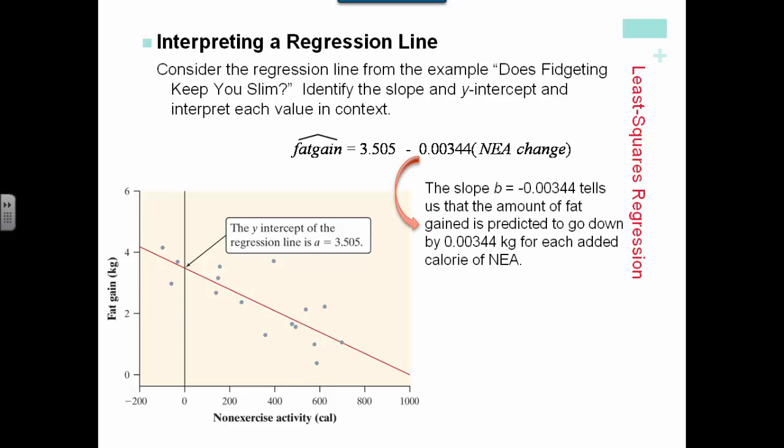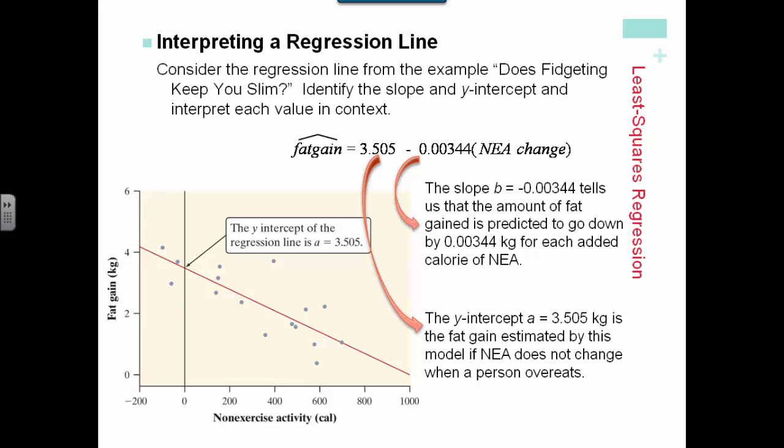Our slope tells us the amount of fat gained is predicted to go down for each added calorie. The y-intercept, a equals 3.505, is the fat gain estimated by the model if the non-exercise activity does not change when a person overeats.